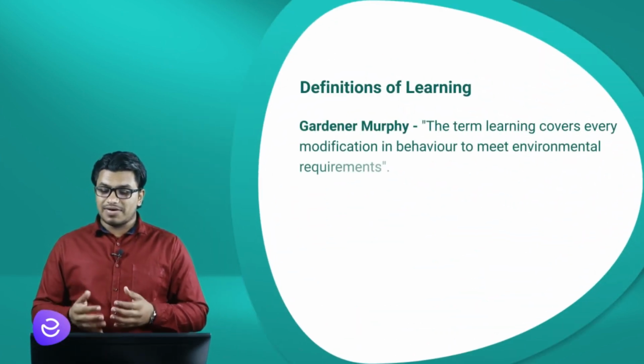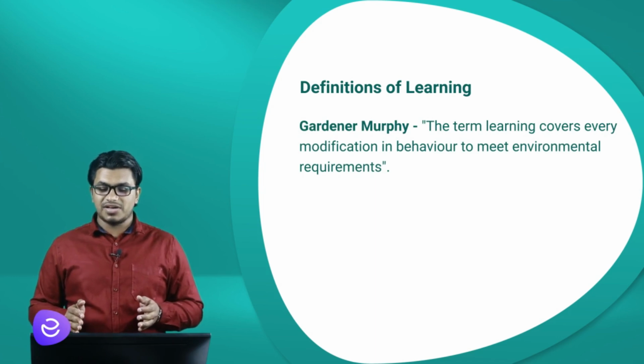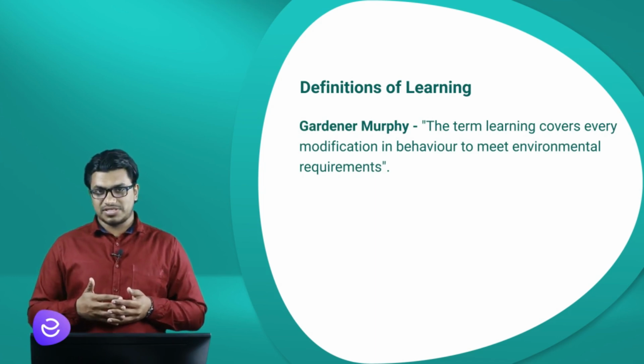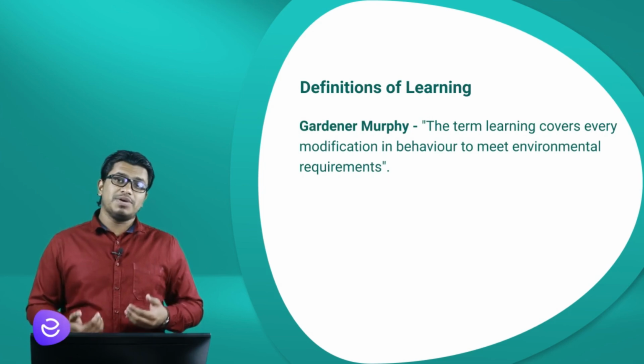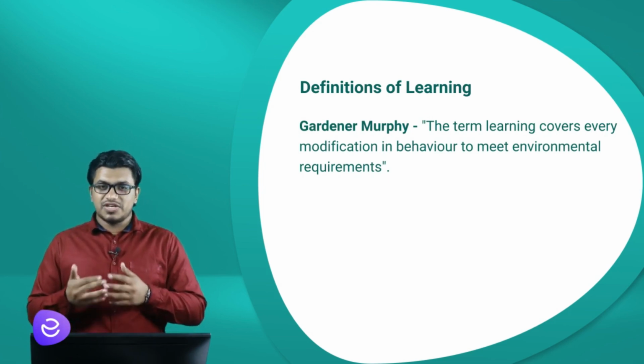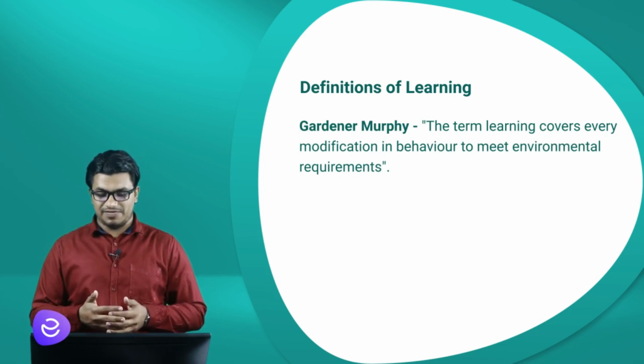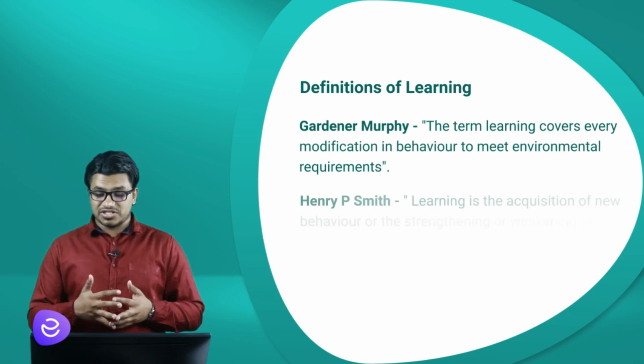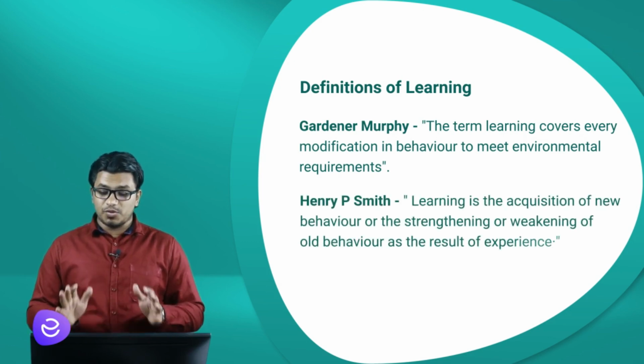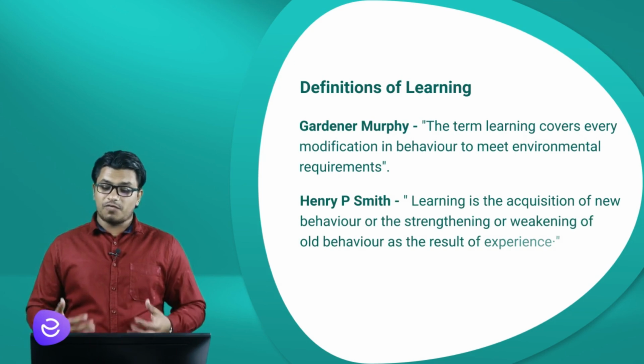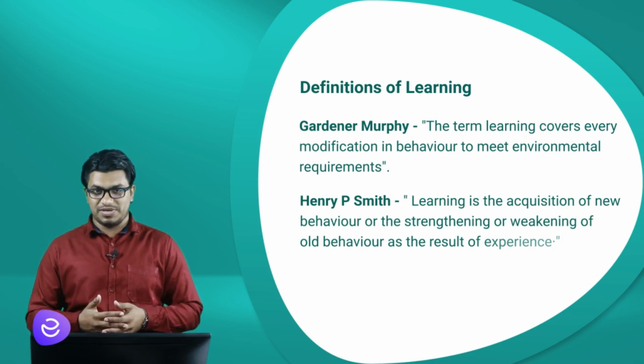So we have some definitions. The term learning covers every modification in behavior to meet environmental requirements. So because of learning, there should be a modification in our behavior, a positive change in our behavior. Another definition: learning is the acquisition of new behavior or the strengthening of old behavior as a result of experience.